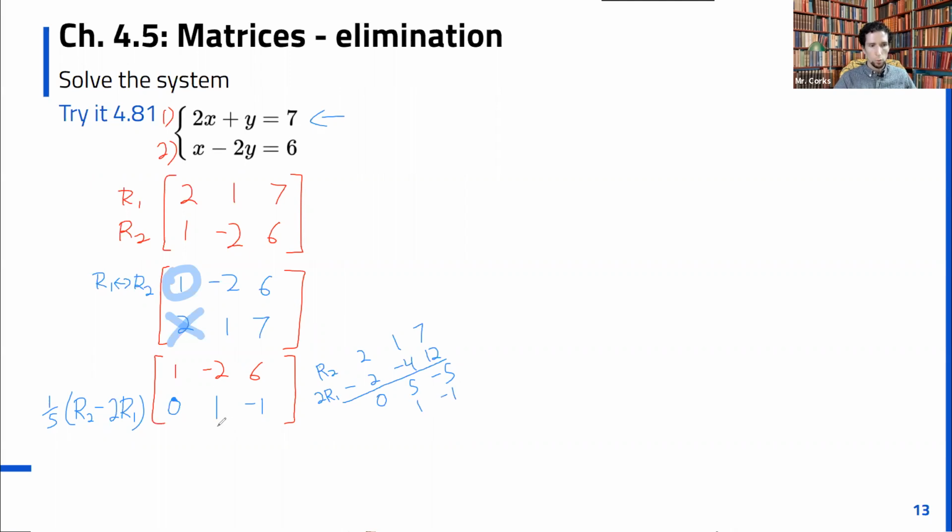Okay, so this has worked out very nicely. We have a 1 in each position of our main diagonal here. And we've also eliminated each value below the main diagonal. So that's our ideal triangle form here.